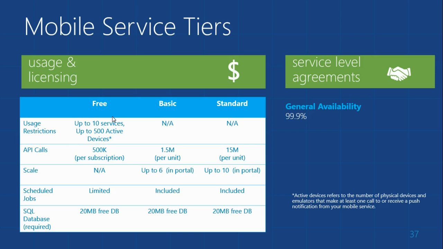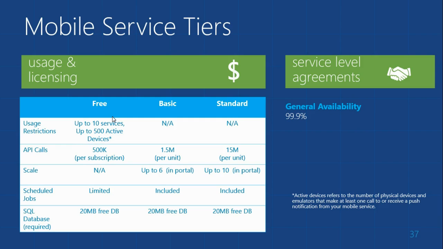Active devices refers to the number of physical devices and emulators that make at least one call to or receive a push notification from our mobile services. I had 500k API calls per subscription, and scaling was not applied over here. You cannot scale the free version of your Azure Mobile Services. Scheduled jobs were limited, and SQL database was required. That is 23 MB free database was included.